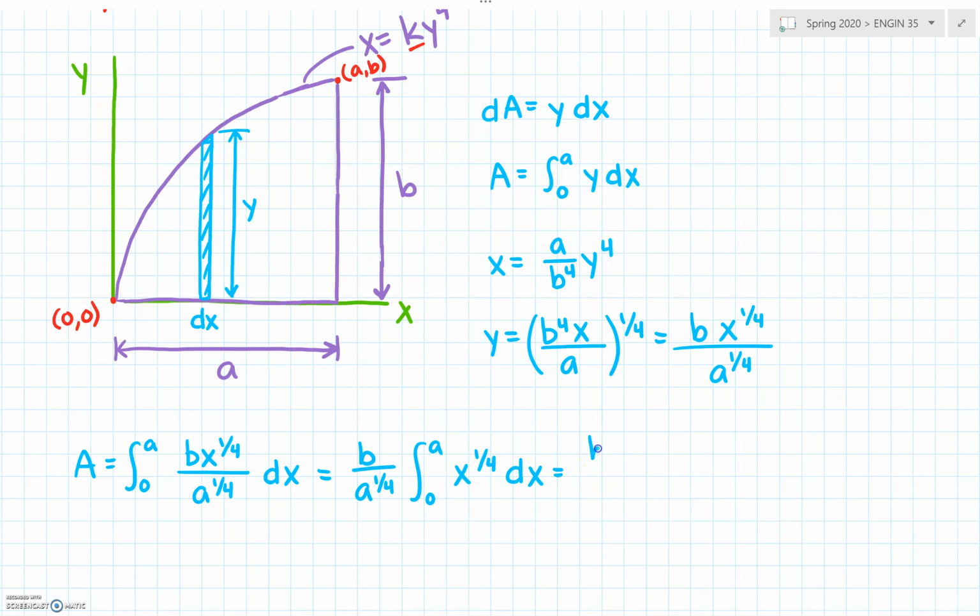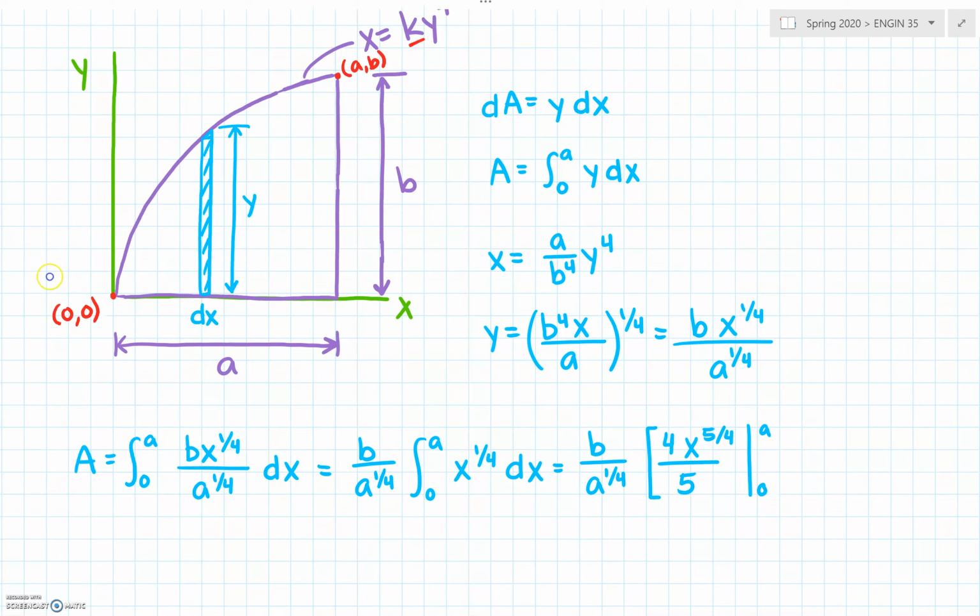Taking that integral, we're going to have b over a to the 1/4 times x to the 5/4 times 4 divided by 5, evaluated from 0 to a.